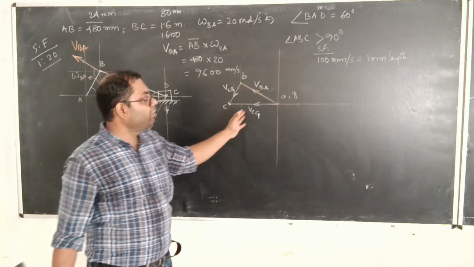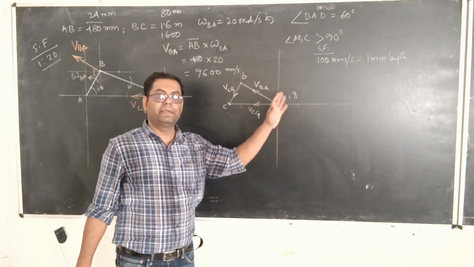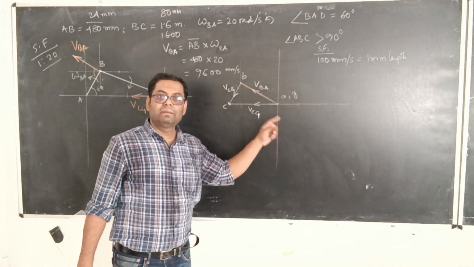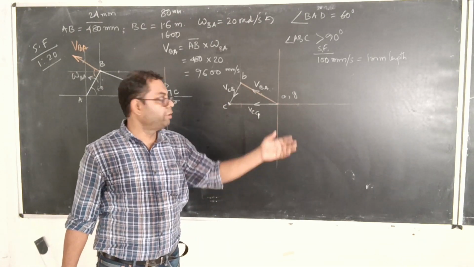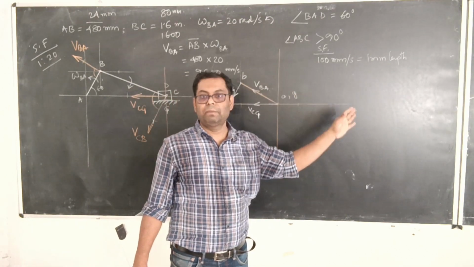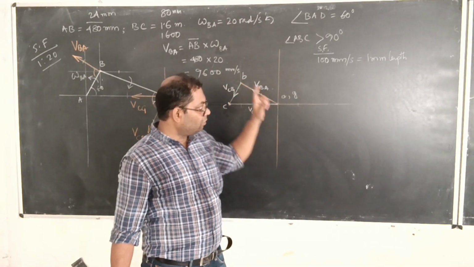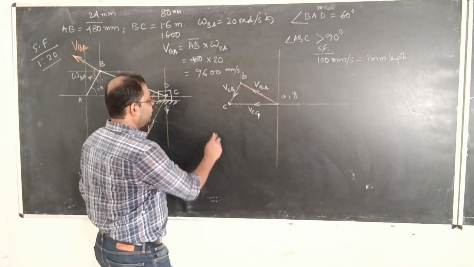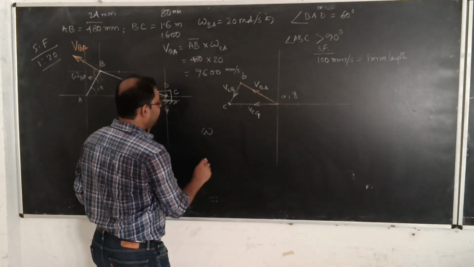So that is why we are going to multiply it with 100. Okay? So the length in millimeter, multiplied by 100, you are going to get the actual velocity value in millimeter per second.